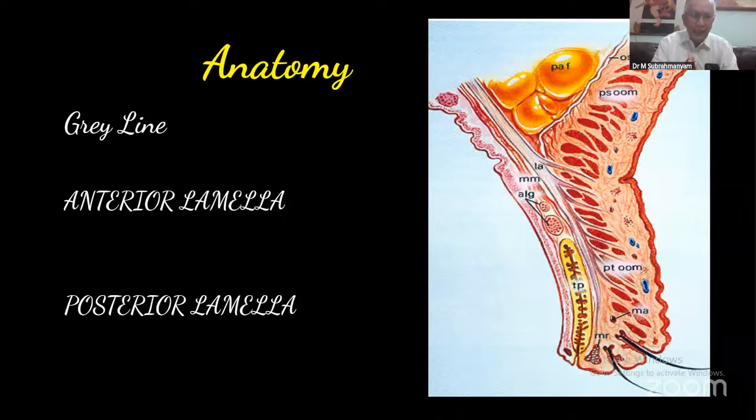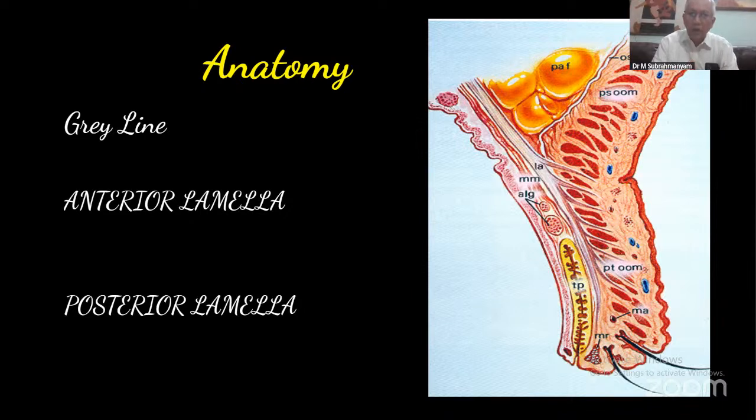The anterior lamella, comprising the skin, subcutaneous tissue, and orbicularis oculi, and the posterior lamella, comprising the tarsus and the conjunctiva near the margin, and above that, the levator palpebrae superioris, Mueller's muscle, and conjunctiva in the upper lid, and inferior retractors, Mueller's muscle, and conjunctiva in the lower lid.